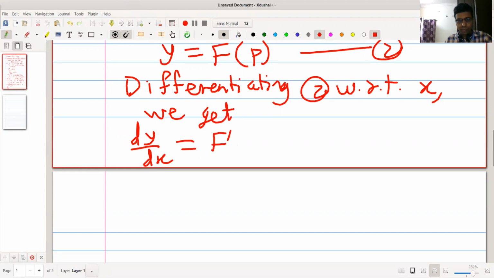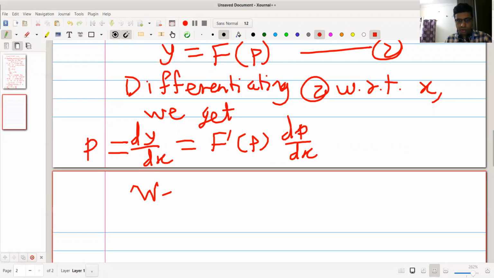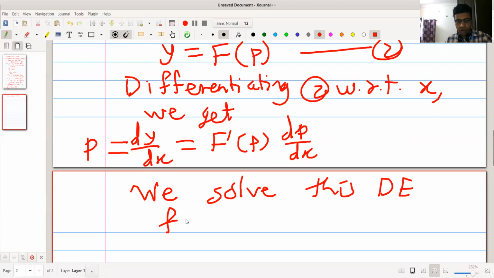So it will be F dash of p and dp by dx, and this left hand side dy by dx is nothing but p. So p equal to F dash of p into dp by dx. We solve this differential equation for p.